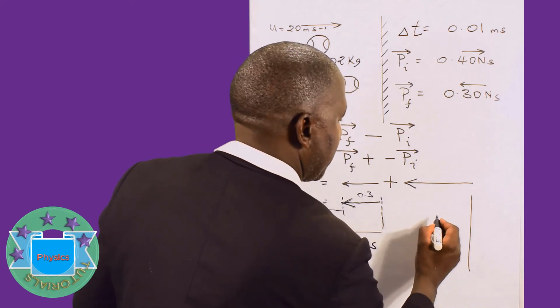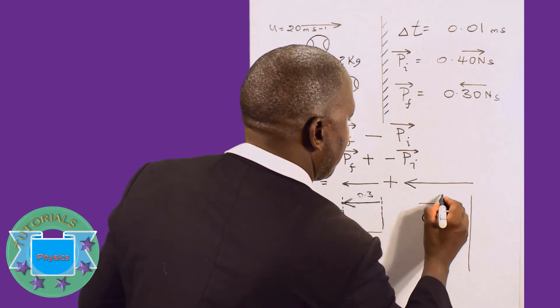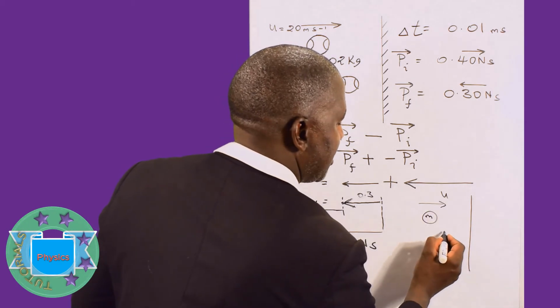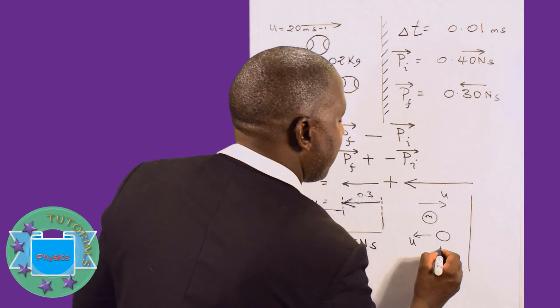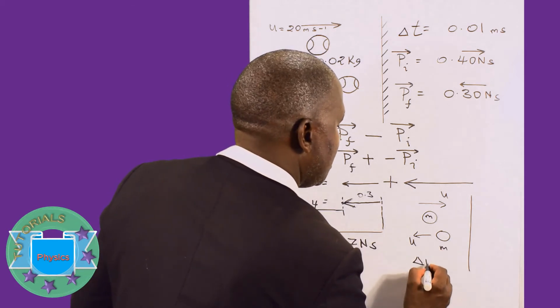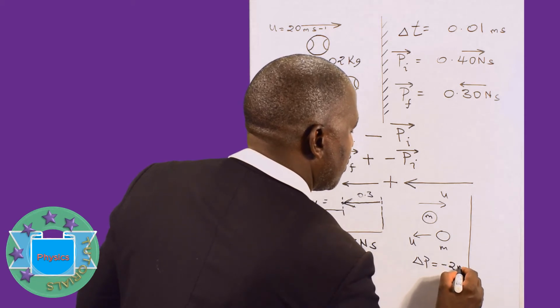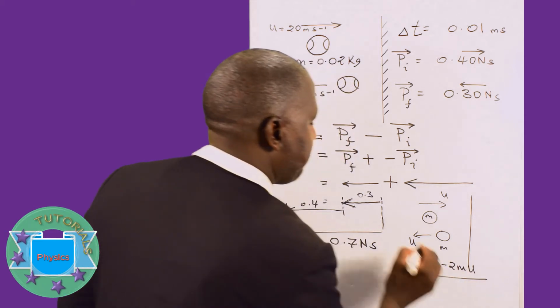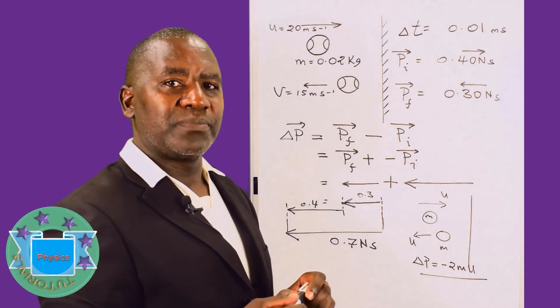The summary which we always make here is this. If you have an object of mass m, a ball, moving towards the wall, hits the wall and bounces with the same magnitude of the velocity, then the change in momentum is always minus 2mu. How does that 2mu come about?